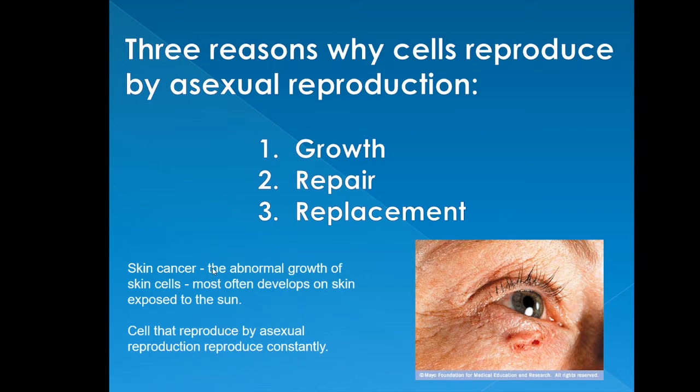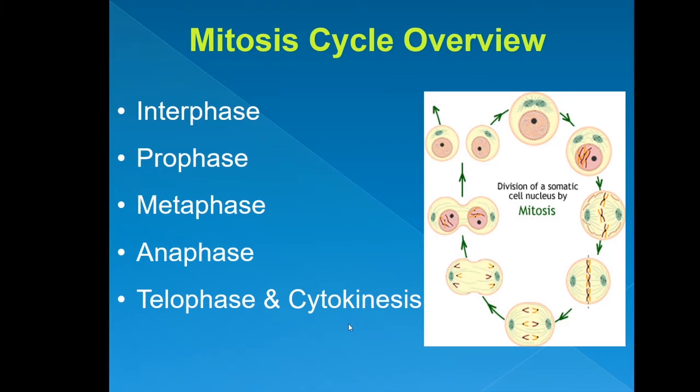Skin cancer, actually, and we'll talk about cancer a little bit more towards the end, and we'll do some projects on cancer altogether, is the abnormal growth of skin cells. It most often develops on skin exposed to the sun. And cells that reproduce by asexual reproduction reproduce constantly. So it's constantly happening in your body. It's happening right now. So the overview of what we're going to talk about in mitosis, there are some phases here.